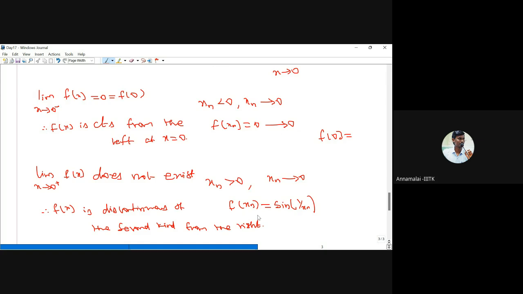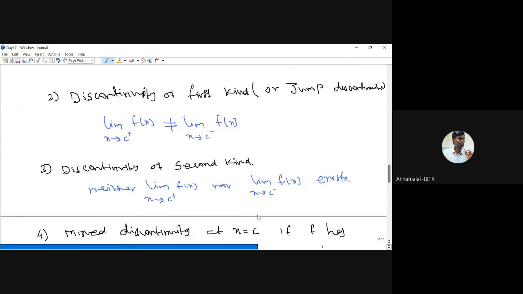Maybe on one side, either right hand side or left hand side, it is continuous or has a discontinuity of first kind, and on the other side it is discontinuous of second kind. We already know what a discontinuity of first kind is: both the right hand limit and the left hand limit exist but are not equal.